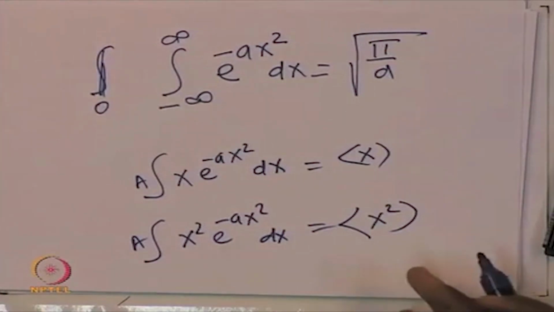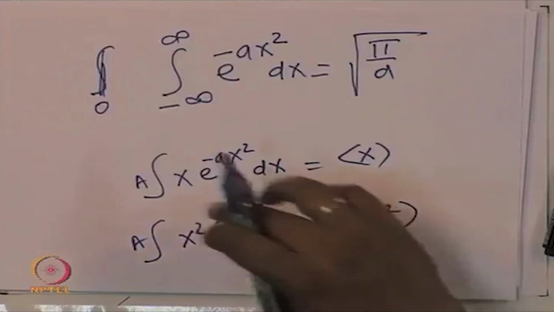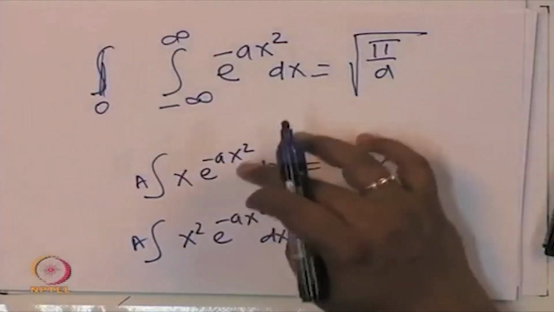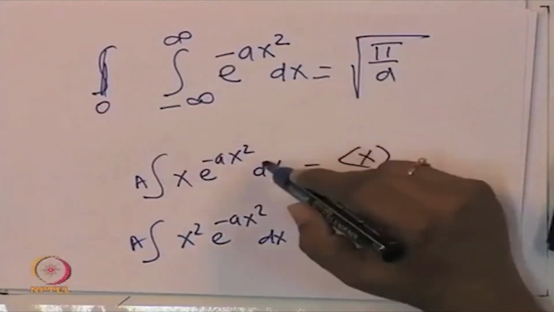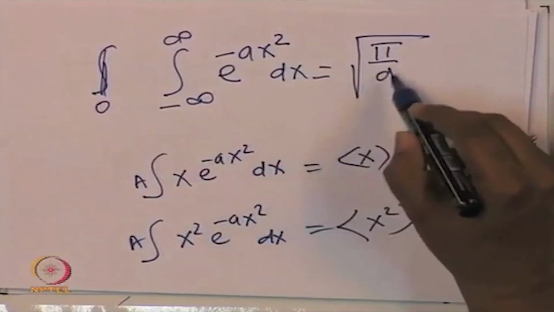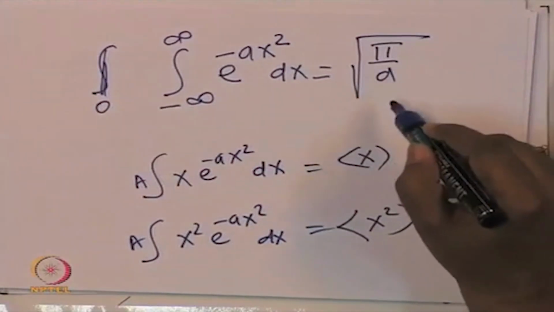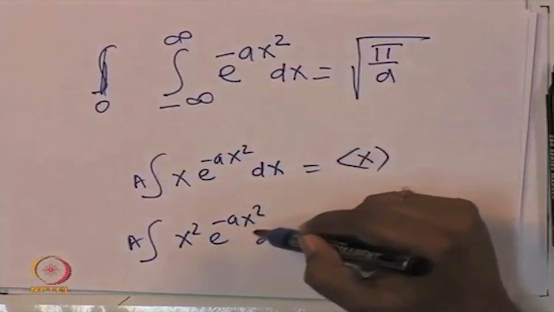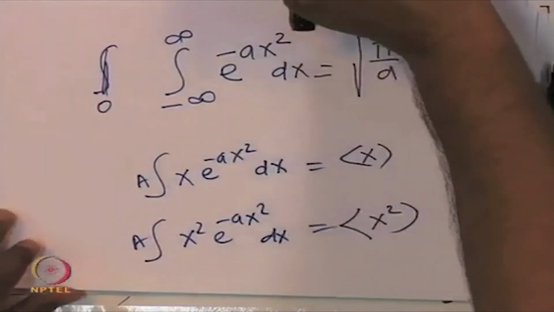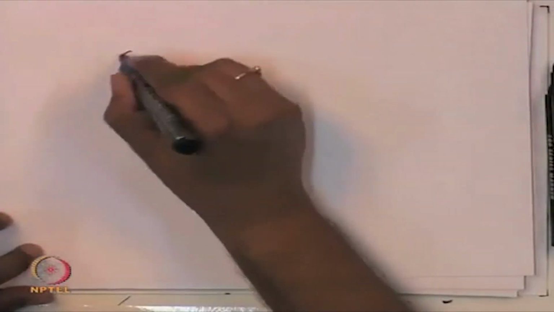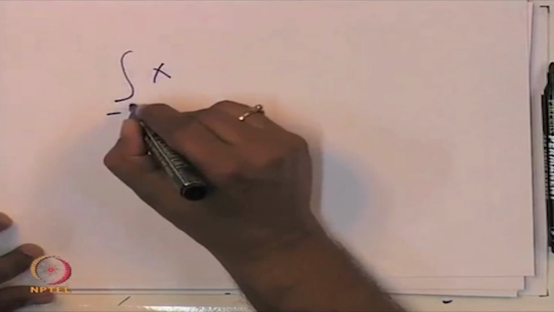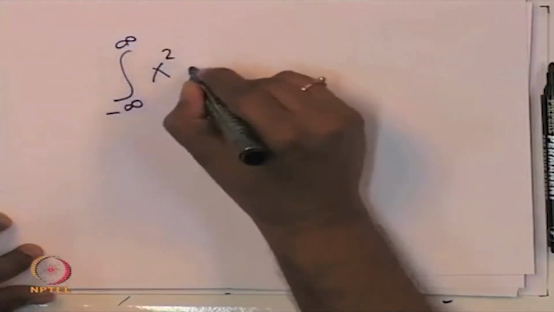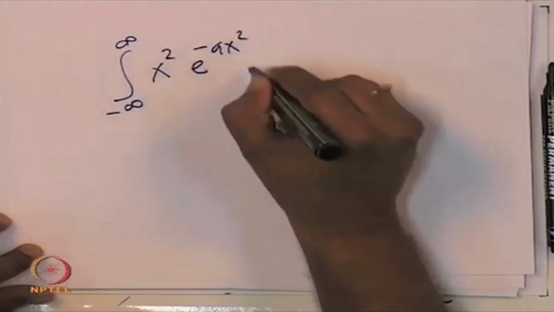This might also come again, but these integrals are very useful once we know that the integral of e power minus a x square is root of pi by a. So, let us quickly look at how to do this integral, which is x square e power minus a x square. What we want to do is integral minus infinity to infinity x square e power minus a x square dx.